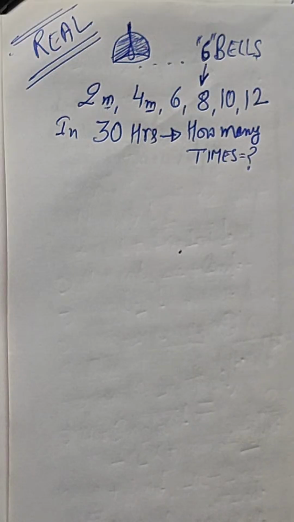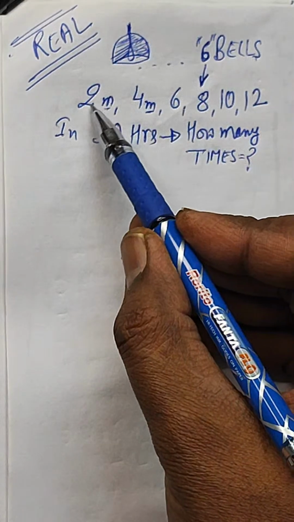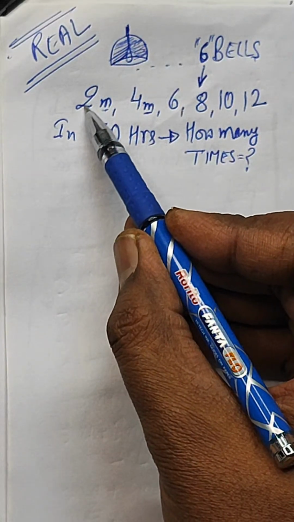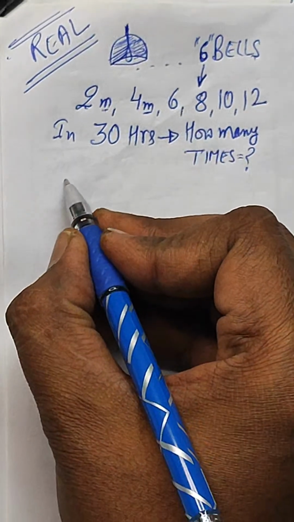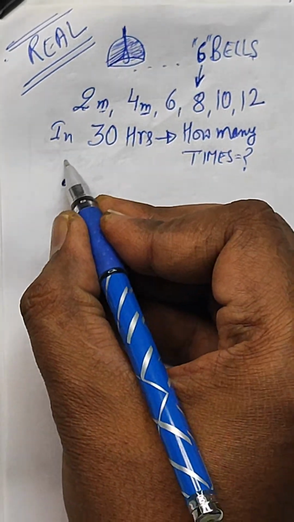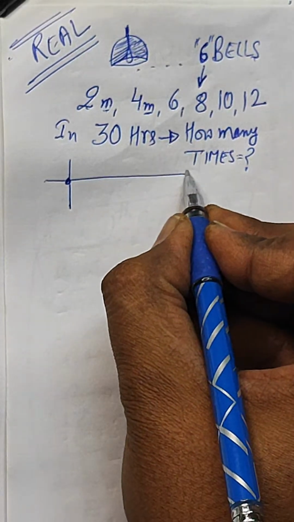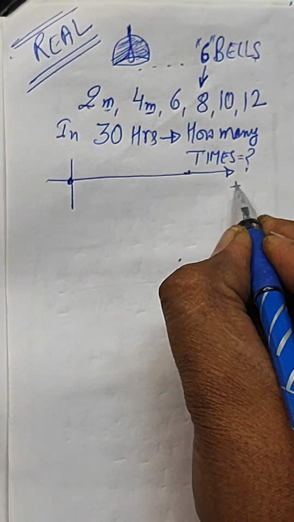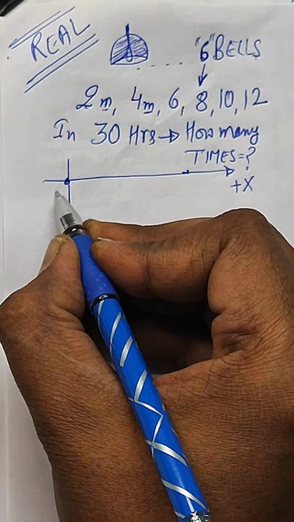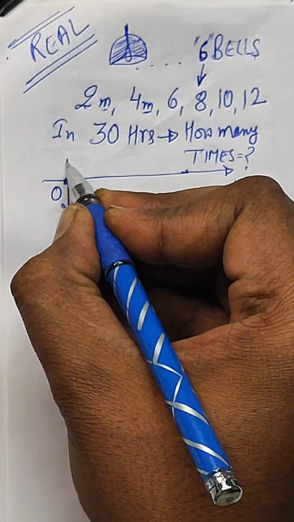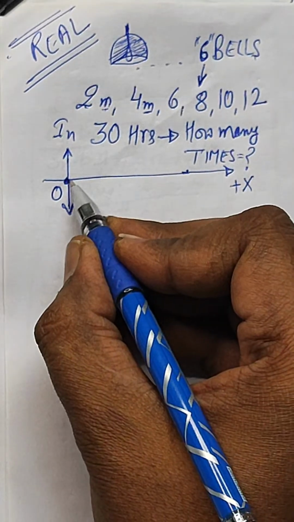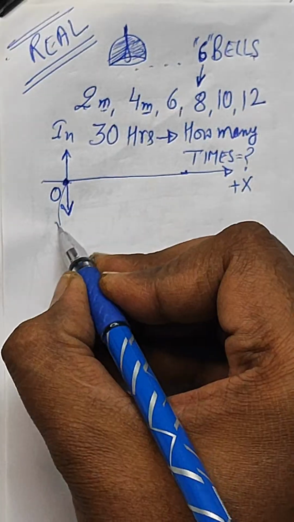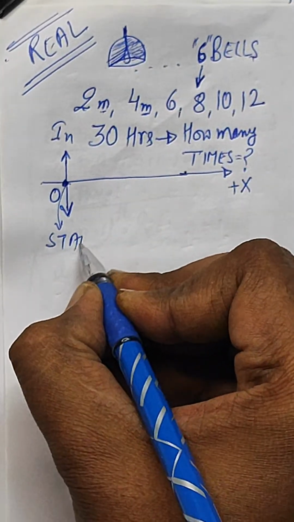So my dear friends, in this question, first we need to understand that one bell is ringing after 2 minutes, another after 4 minutes, then after 6 minutes. If you start from zero, say this is the number line, this is plus x, and this is the zero, the starting point.